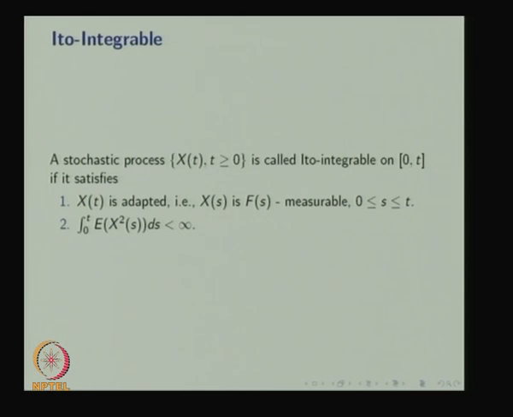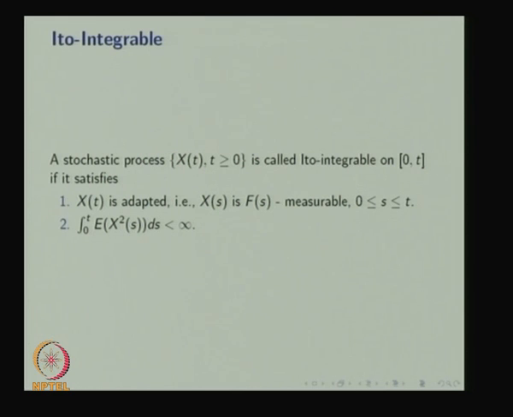When can we say a process is Ito integrable? Whenever a stochastic process is Ito integrable, it has to be adapted, that is measurable, as well as mean square integrable. If these two conditions are satisfied, then you can say the stochastic process is Ito integrable.